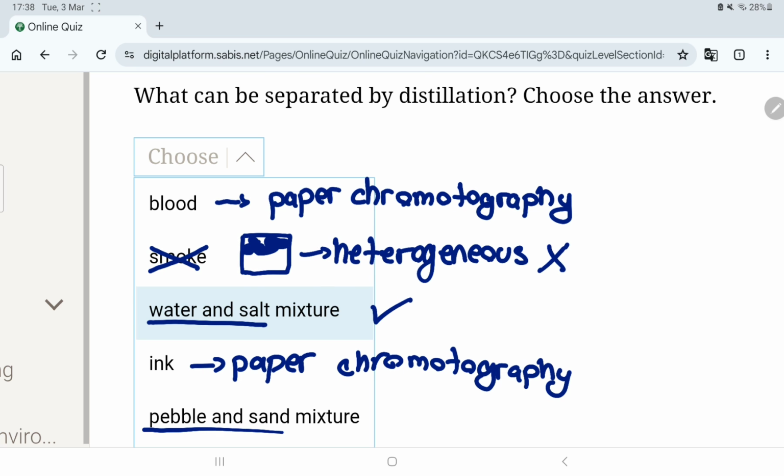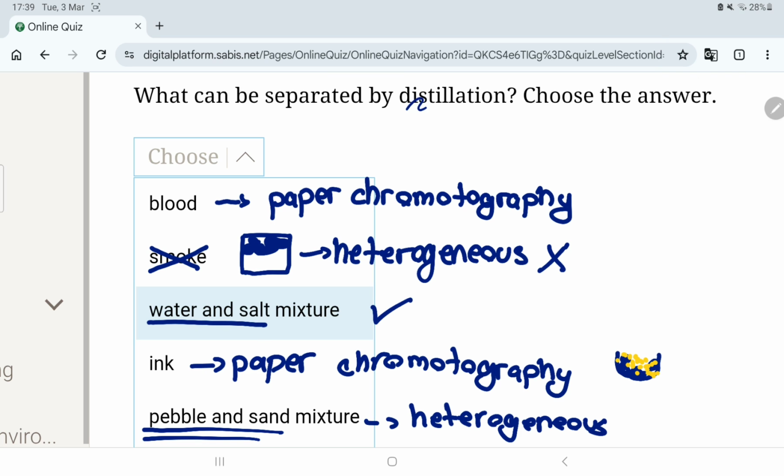And pebble and sand, guys, don't get confused, it's a heterogeneous mixture. Why? Because if I gave to you this bowl with these pebbles inside and this sand, you can just separate them normally, right? So this is wrong.